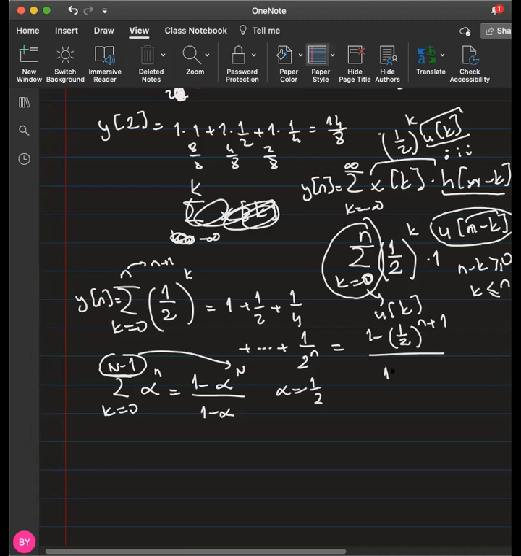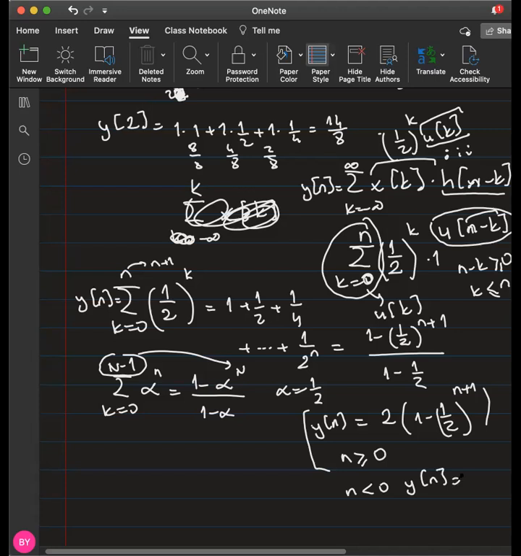Divided by 1 minus 1 over 2, which is like 2 times 1 minus 1 over 2 to the power n plus 1. For n greater than or equal to 0, this is the case. For n less than 0, y of n is equal to 0.